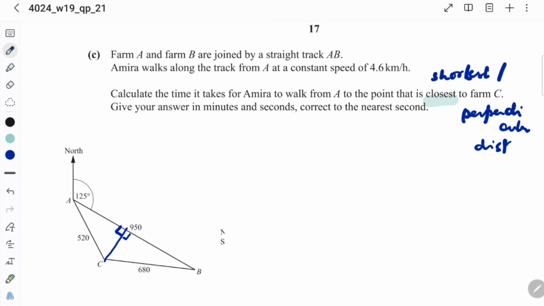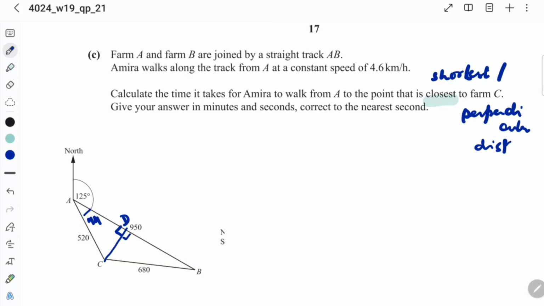So we need to find the distance, and here if I name this point D, for example, then we have already found at the top that this is 44 degrees.